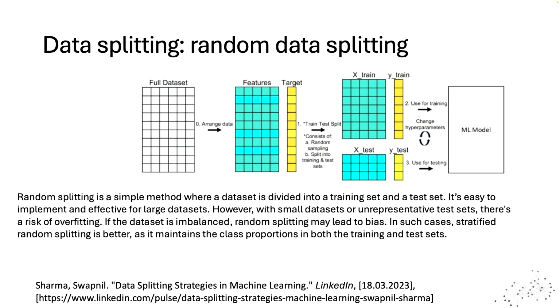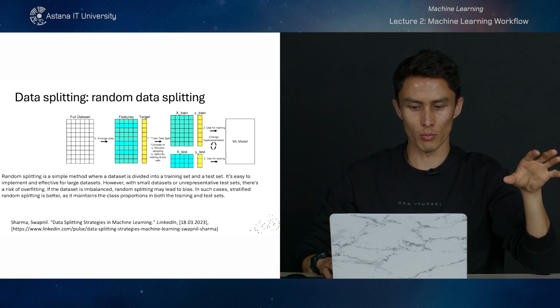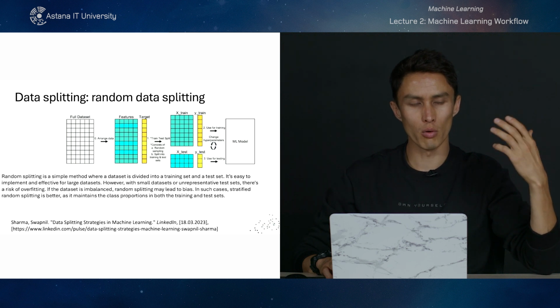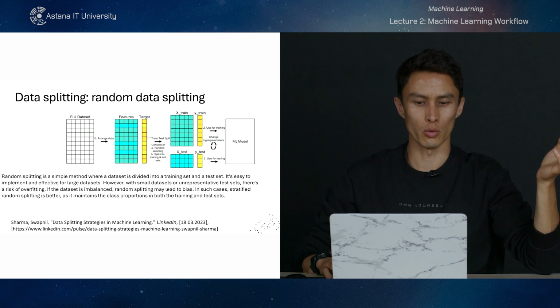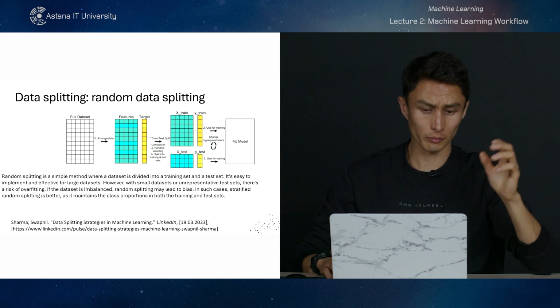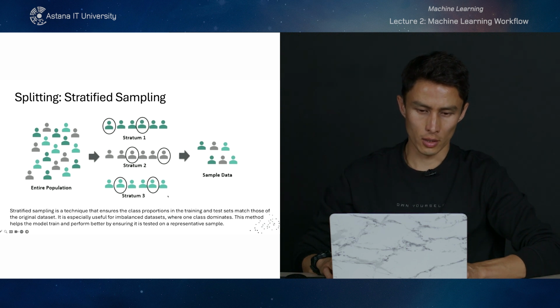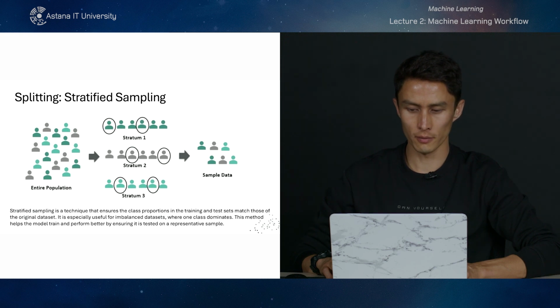So our model after training will recognize, for example, cats very well, but dogs a little bit worse, because we had less data initially. So if there is a class imbalance, it might produce some bias after training. That's why we have another method called stratified sampling.